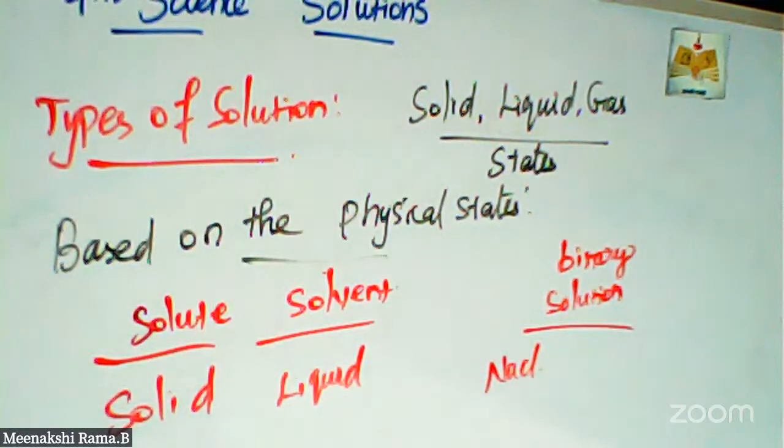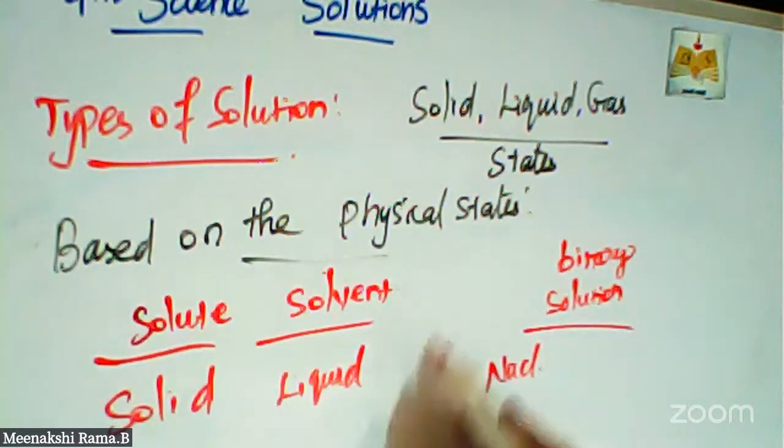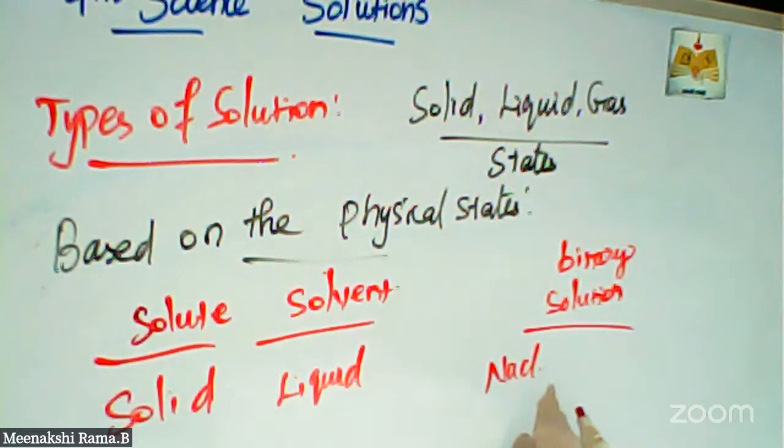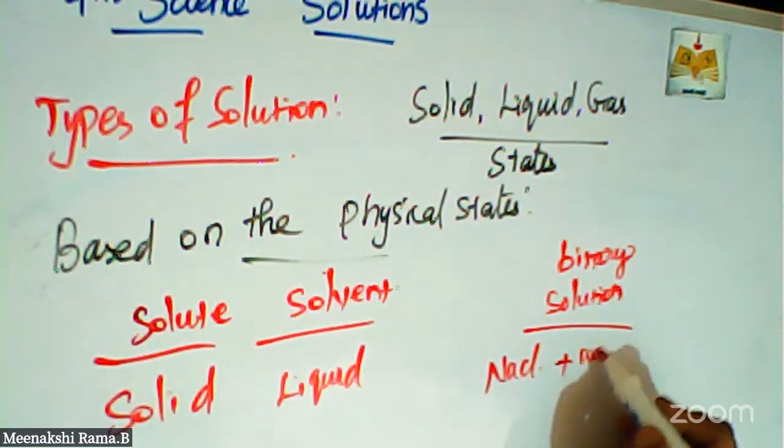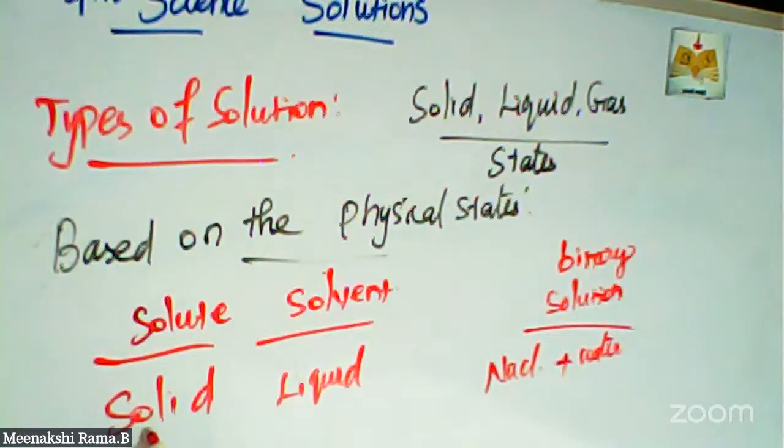We use salt in our cooking, and that salt is called sodium chloride. This sodium chloride is dissolved in water. So the solid material example is sodium chloride and the liquid material example is water. Completely sodium chloride is dissolved in water. So this is the example of solid liquid solution.